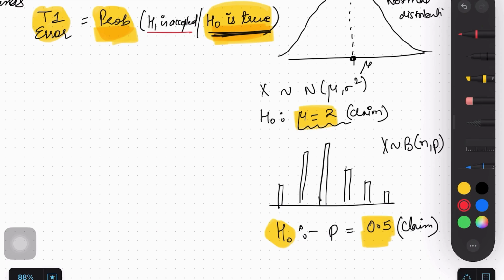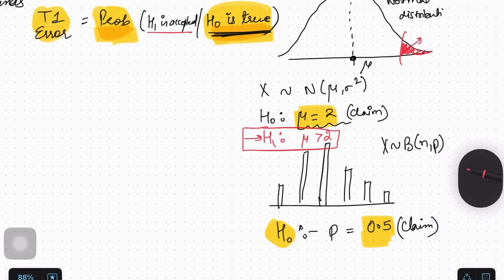While finding the probability of the type 1 error, the meaning of H0 is that you're going to use this value of the probability. And similarly for Poisson, the value of the average, which is lambda, defined under the null hypothesis, is used to calculate the probability. That's the meaning of the condition.